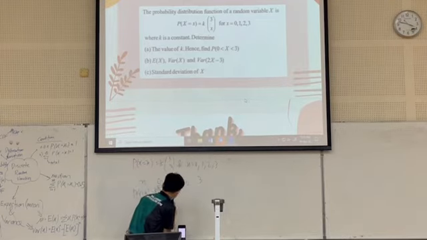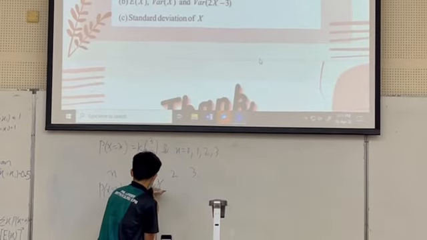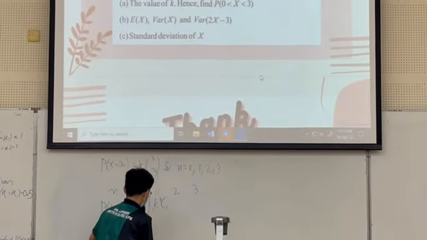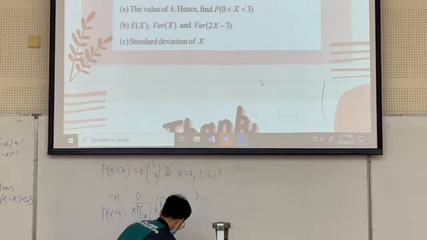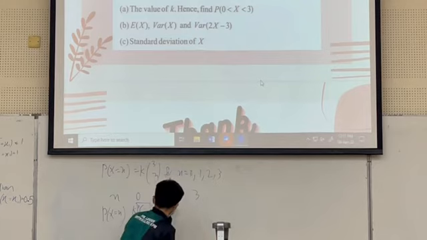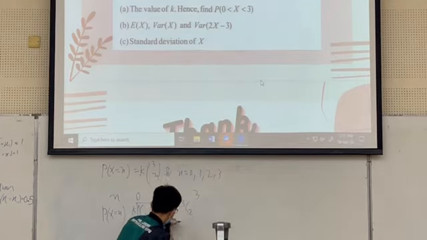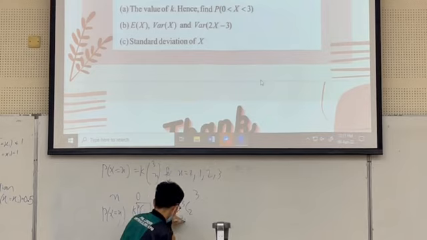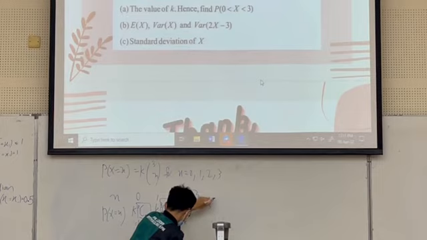And the second one is k multiply 3 combinations 1. And this is 3, so 3k. And the second one, k multiply 3 combination 2 is also 3k. And the last is 3 combination 3 multiply k equals k.